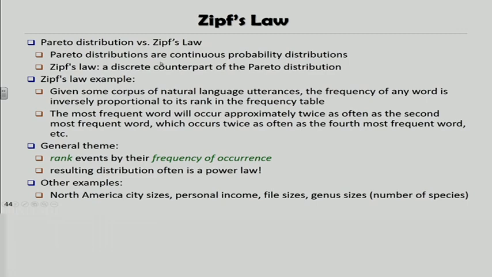Simply put, Pareto distribution is a power law, and Zipf's law is also a sort of power law. The only difference is that Zipf looks at discrete numbers, while Pareto looks at continuous numbers. That's a major difference.